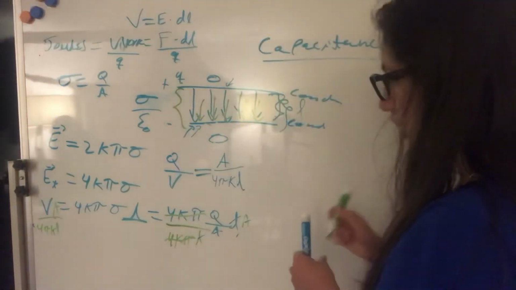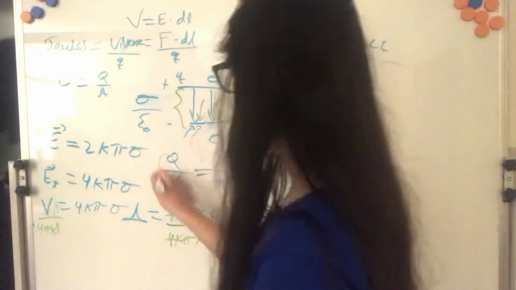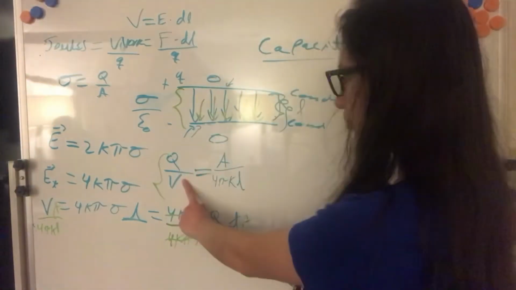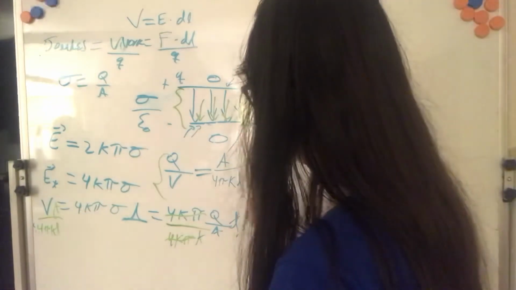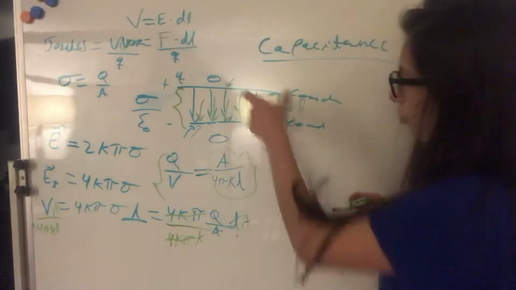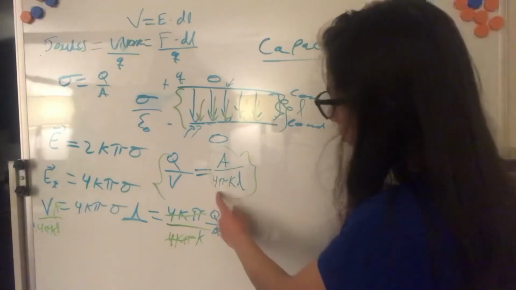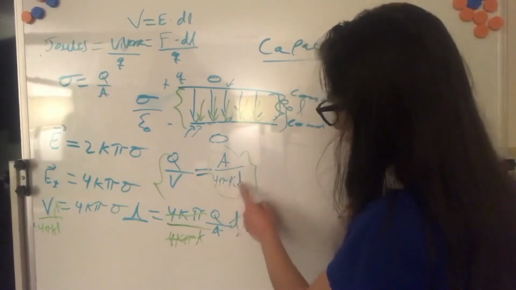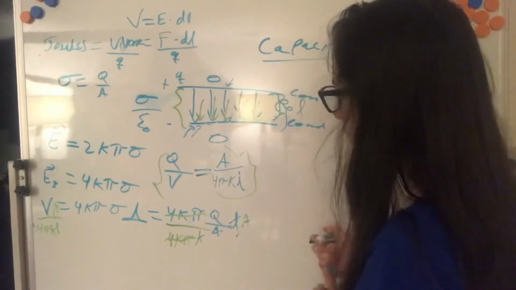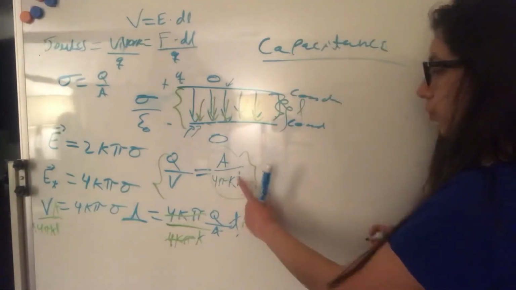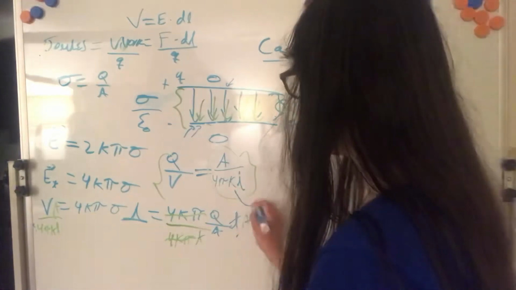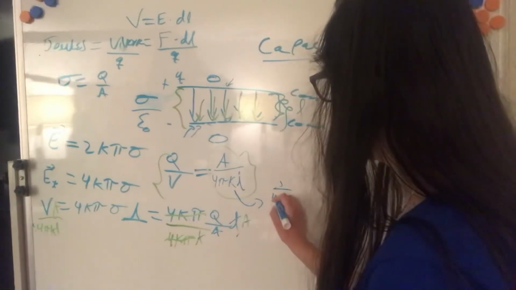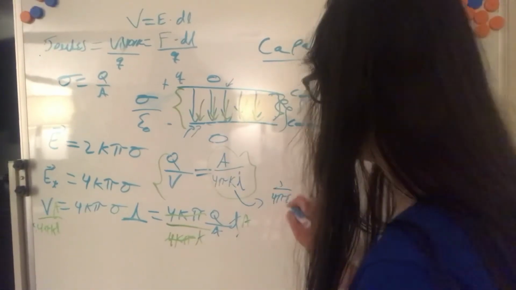So that means that the relationship between the charge and the voltage is always constant, and that constant is the area of one of the plates divided by 4 pi Coulomb's constant times the distance of separation. To put it another way, Coulomb's constant is 1 over 4 pi epsilon naught.